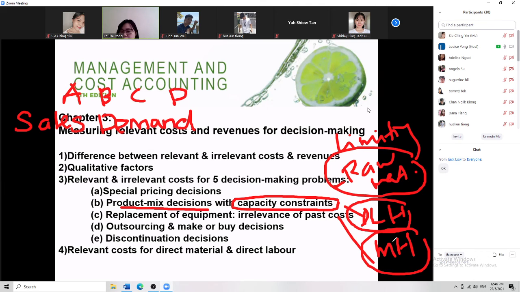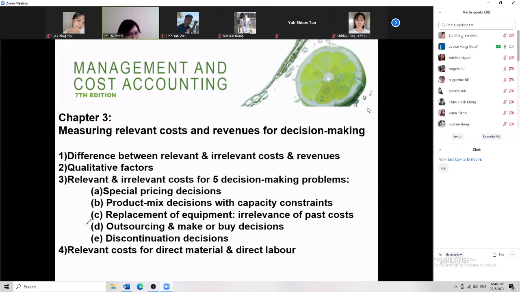So machine hours are not enough, so we can use product mix to solve your short term problem. So this is the second. Then the third one here.